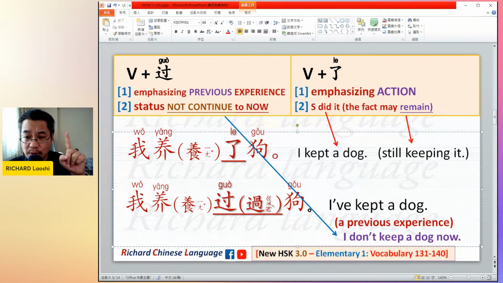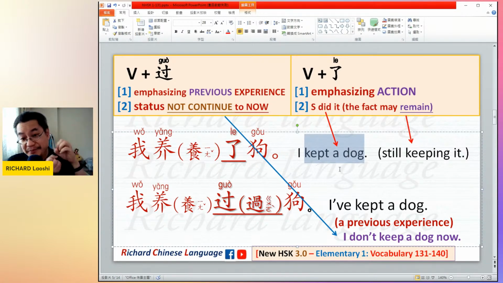So here, when I say 我养了狗, that means I kept a dog. Maybe I found a dog and I kept it. But now the situation still remains. I'm still keeping it. I'm still having it at home.